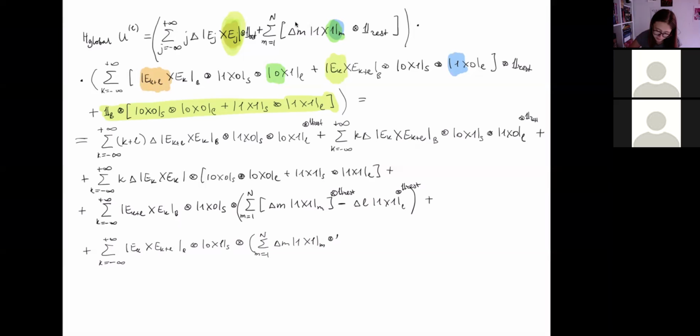We take away the part for the Lth qubit, and because we know how it acts on the Lth qubit, it just turns this 1 1 into 1 0. So here we have plus delta L, 1 0 on L.